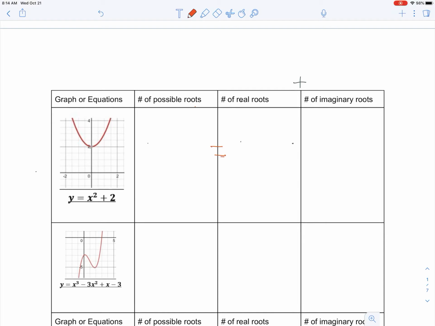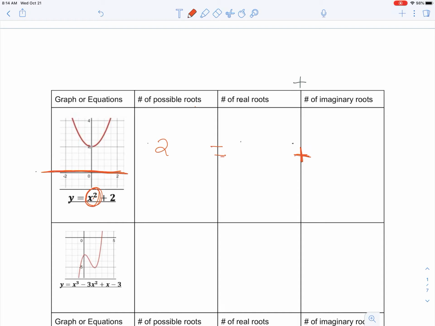So the number of roots possible must equal the number of real roots plus the number of imaginary roots, with the exception of multiplicity, which we're going to talk about in a second. Yesterday we talked about this quadratic function. Its degree is 2, so the maximum number of roots is 2.